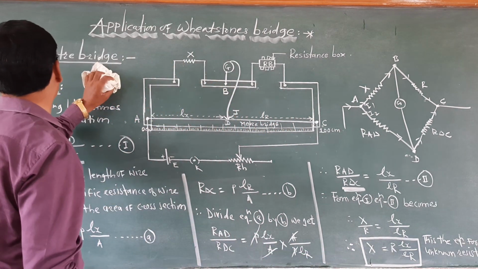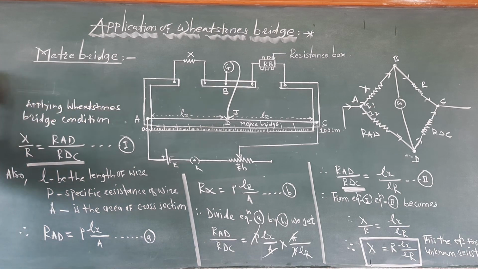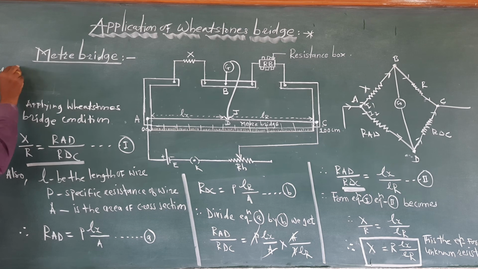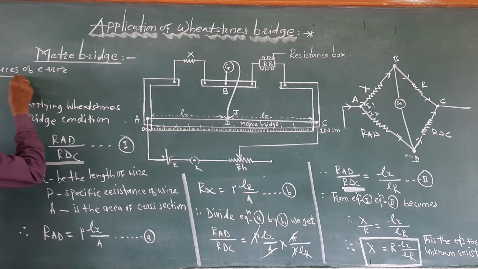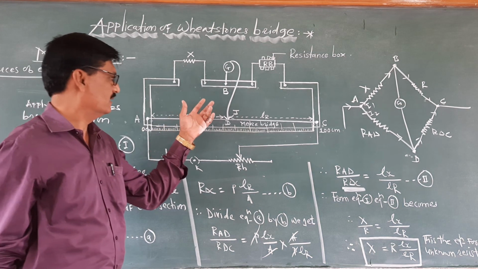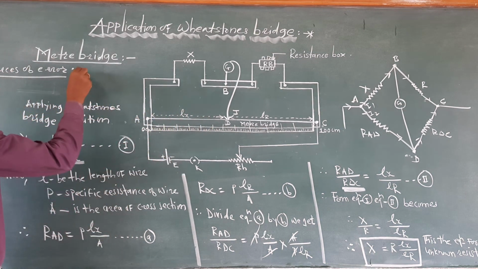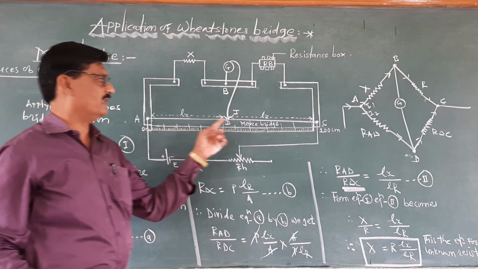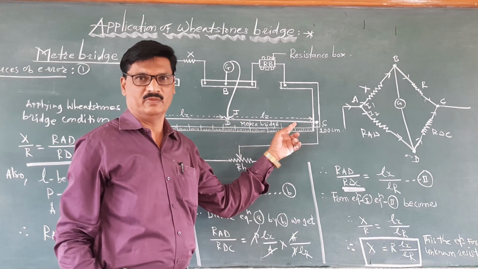Sources of error. What are the sources here? The first source is that the wire should be uniform.